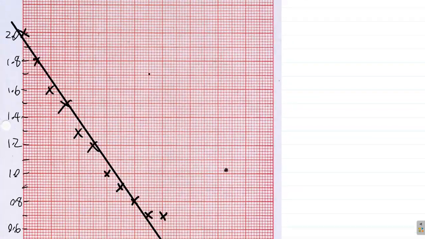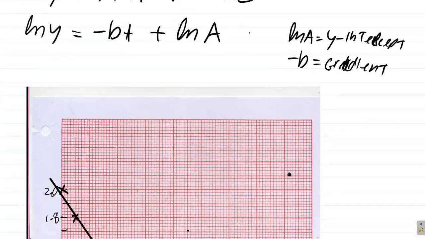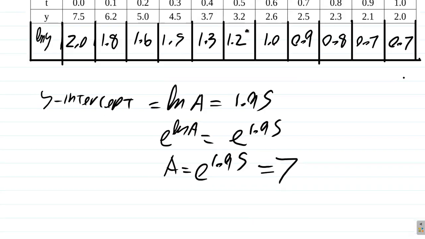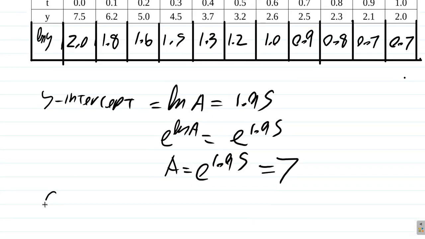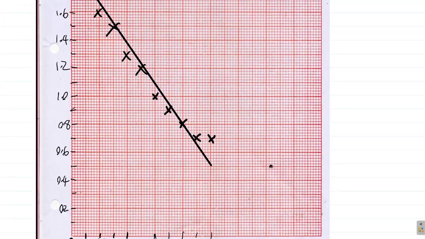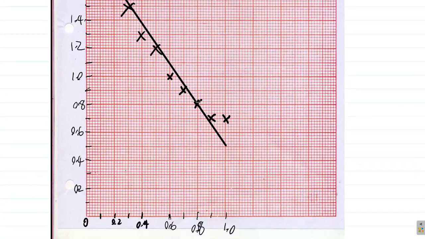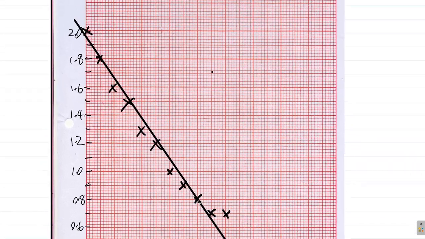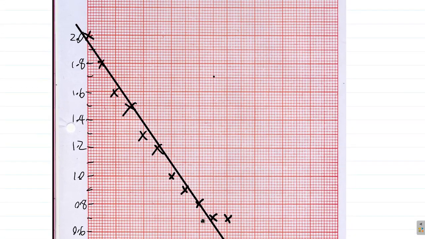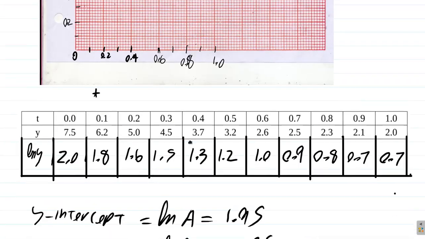Alright, the gradient is negative b. So let's use 2 points for the gradient. Let's use 0.8, 0.8 and 0, 1.95.